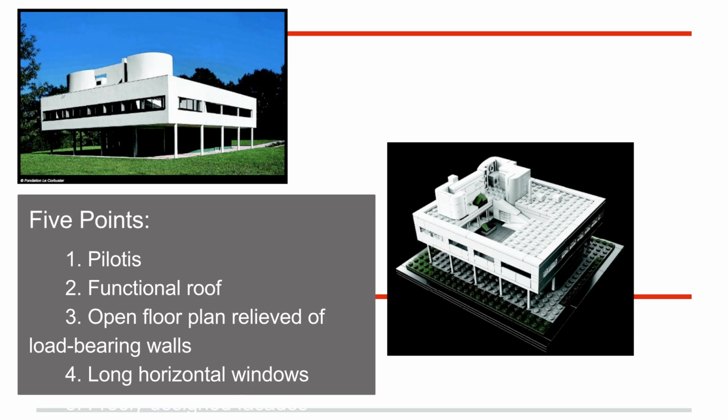When you look at it in the top picture, the real thing, and the bottom one being the Lego structure, there's 5 points that point out here. The one that I thought was really cool is the functional roof, where it is almost like a patio on top. It has an open floor plan, so a lot of the rooms are very spread out, and once again, a lot of light coming in.